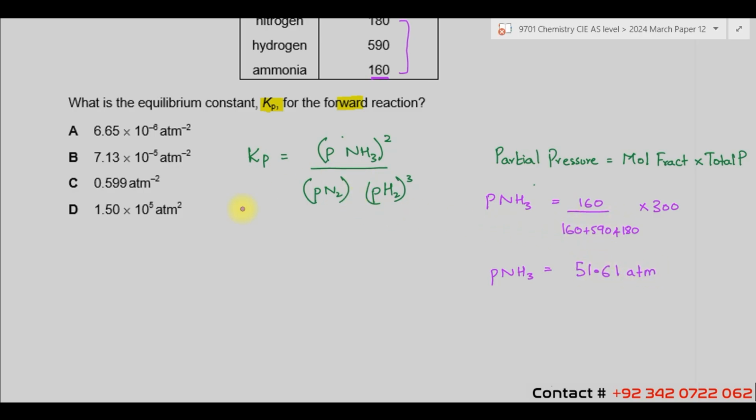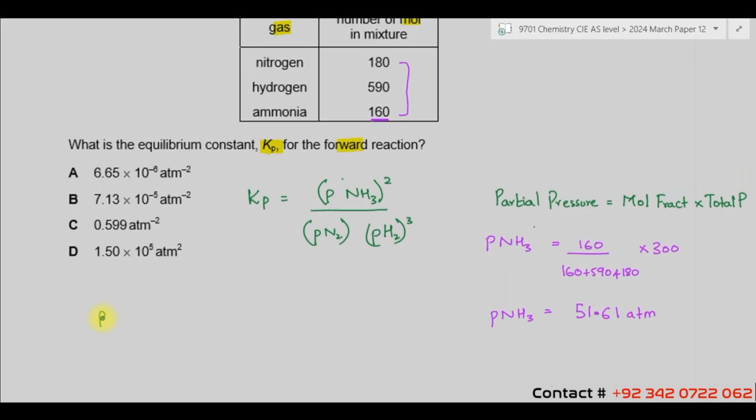Let's do the same for the other two. We have hydrogen, we have nitrogen. So partial pressure of hydrogen is moles of hydrogen 590 divided by total moles 180 plus 590 plus 160, into total pressure 300.